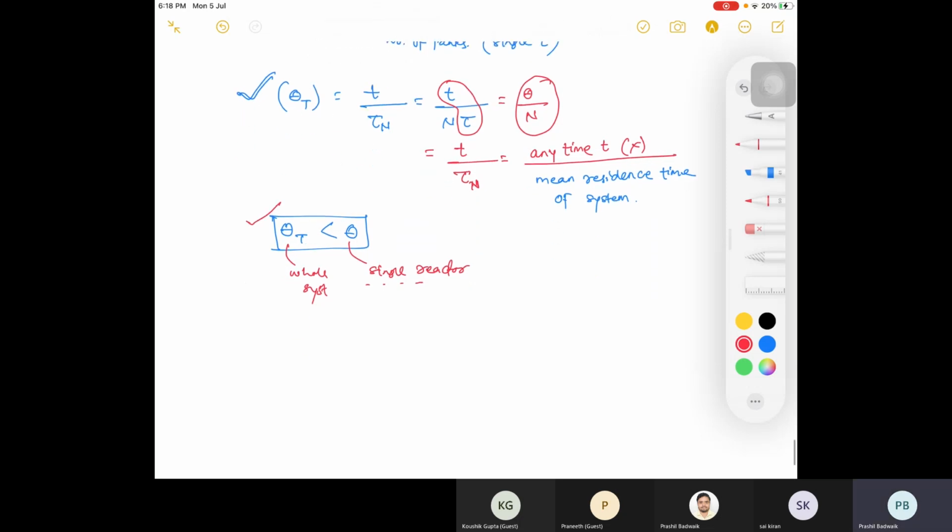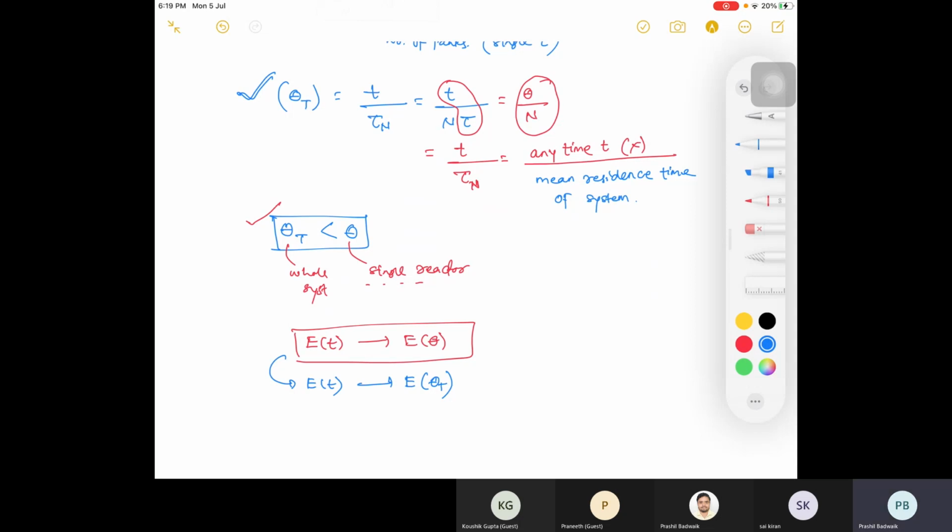Now, for a single reactor or single tank, you have written your E(t), then you convert it into E(theta). For the whole system, your E(t) will be the same, and your E(theta) will convert into E(theta t). Are you guys clear with this? Are you following this?